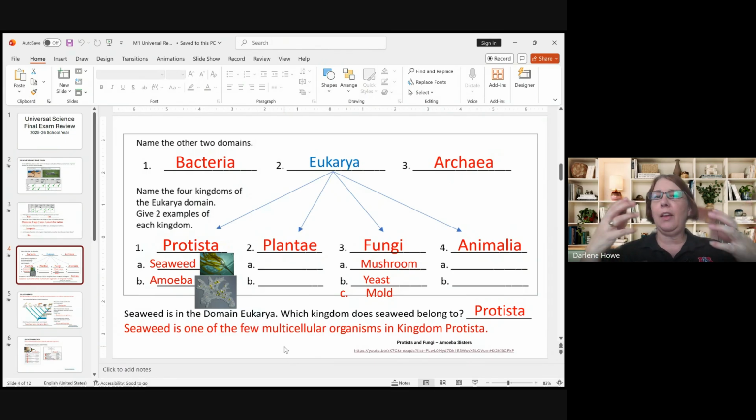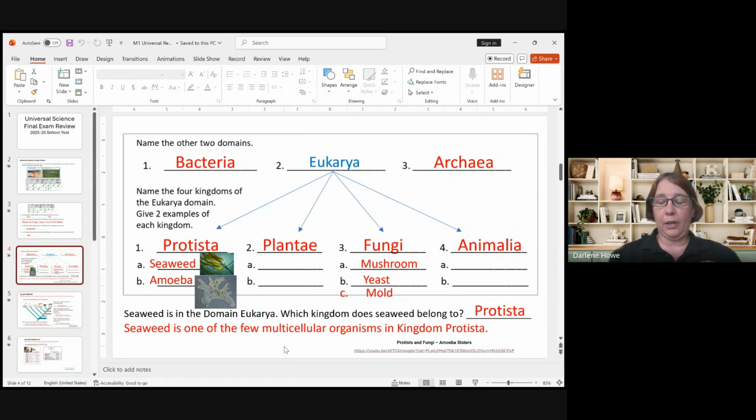We have all kinds of cells. We have nerve cells and everything in our body. You put all those cells together and they all work together to keep us alive as an organism. So it's really important. The three main domains: bacteria, eukarya, archaea.